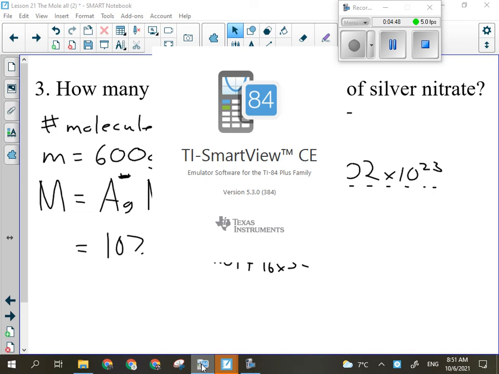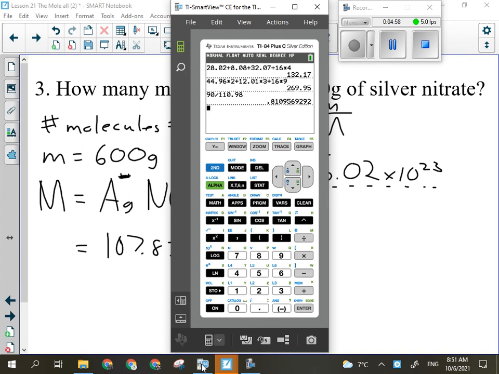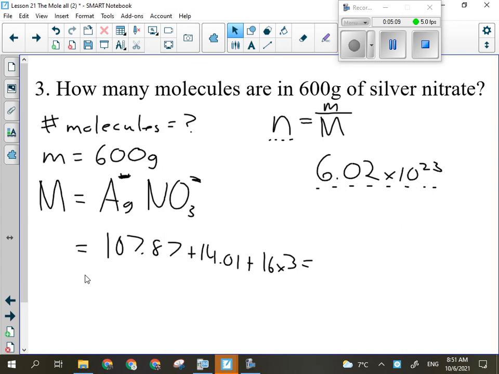It takes a while to load. So 107.87 plus 14.01 plus 48. Okay, 169.88 grams per mole. So I have little m and I have big M.